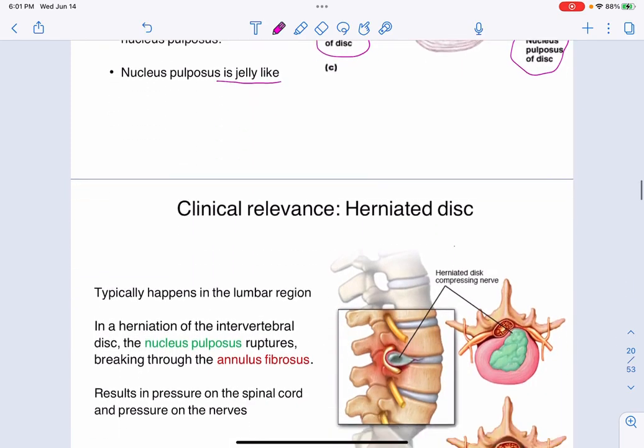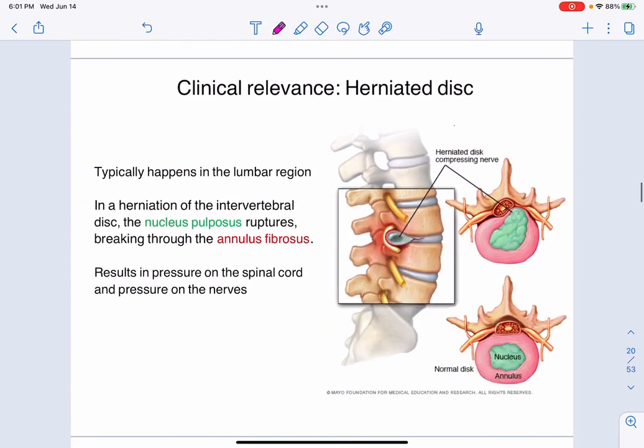So you've probably heard of a herniated disc before. So what happens, and this typically happens in the lumbar region, in a herniated disc, the nucleus pulposus, so that's what you see in green, ruptures, and it kind of pushes and breaks through the annulus fibrosus.